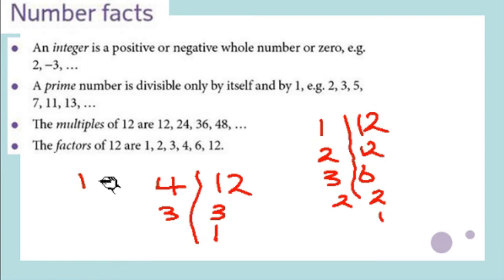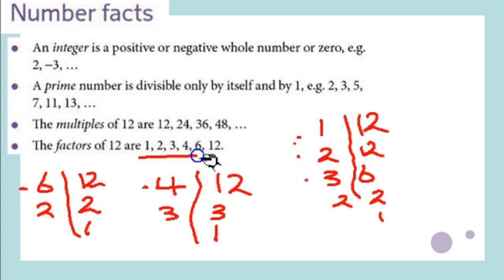And we have another way. 12 divided by 6 equals 2. Divided by 2 equals 1. So we have the factors. These are the factors of 12: 1, 2, 3, 4, 6.